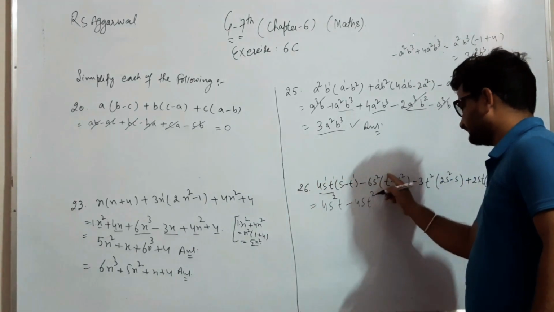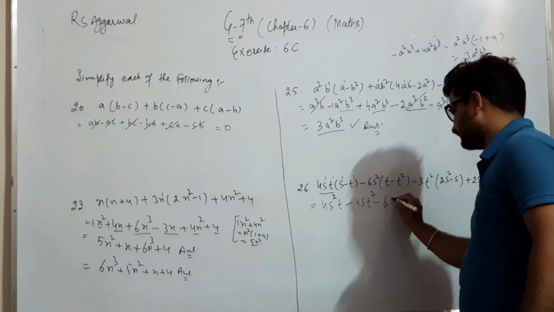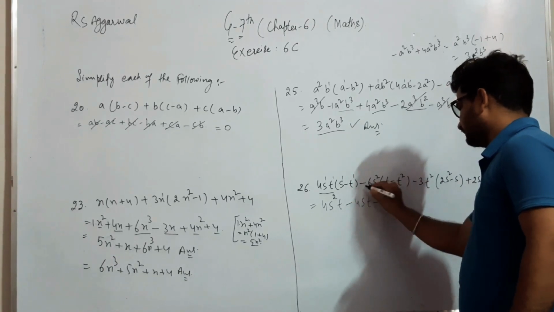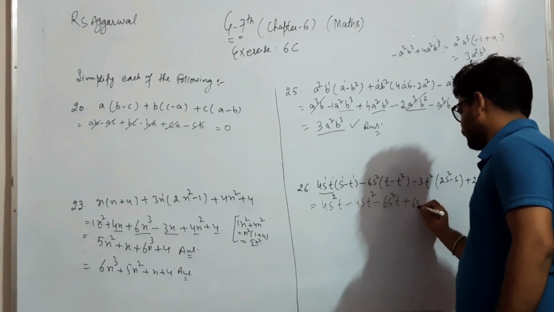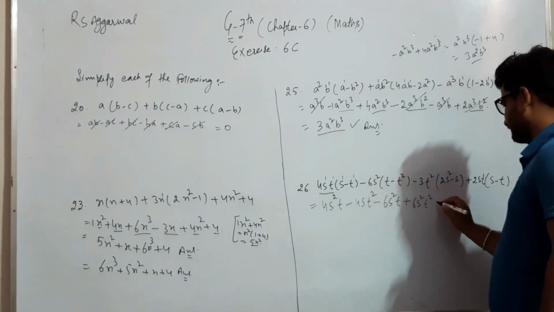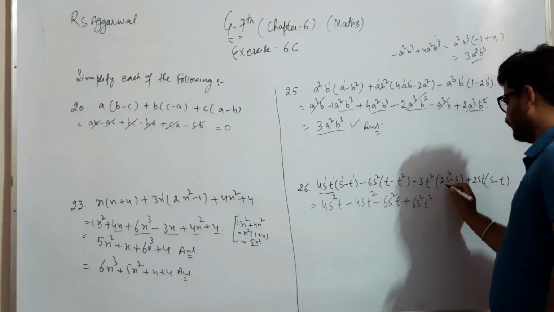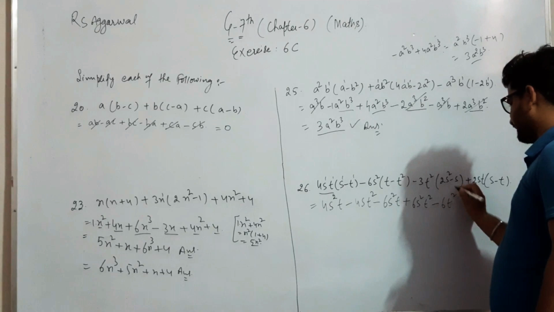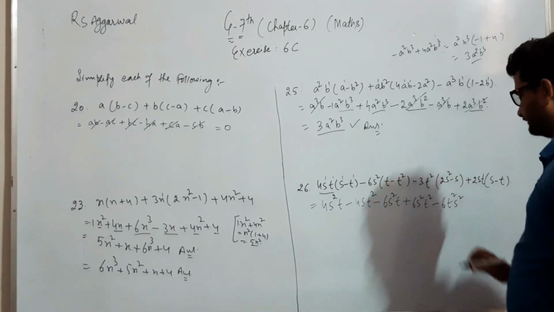Next minus 6s square multiplied with t, so minus 6s raised to power 2 into t, then minus minus plus 6s raised to power 2 into t raised to power 2. The last here, minus 3 multiplied with, so plus minus minus sign, 3 to the 6, t raised to power 2 and s raised to power 2, these are like terms.